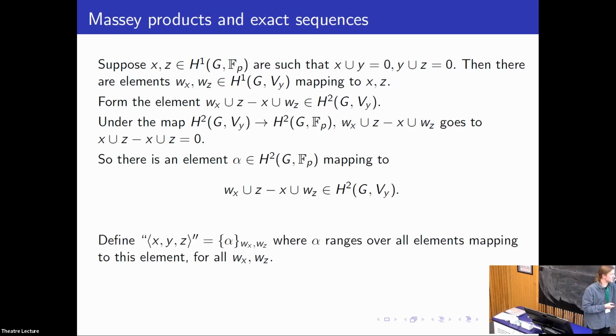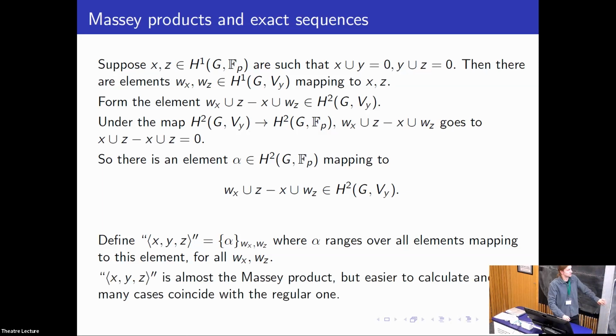Then you can define the "Massey product" to be all the elements you get by varying w_x and w_z, and all the elements alpha that map to this class.